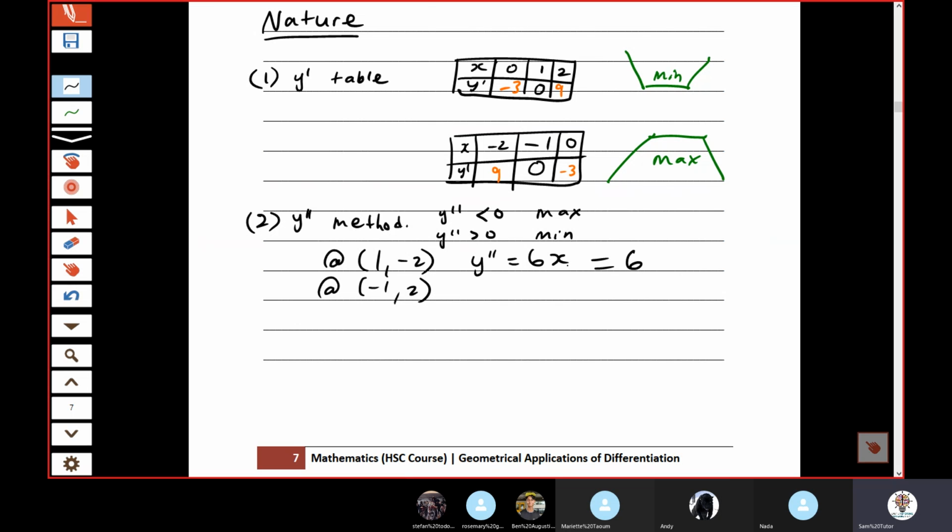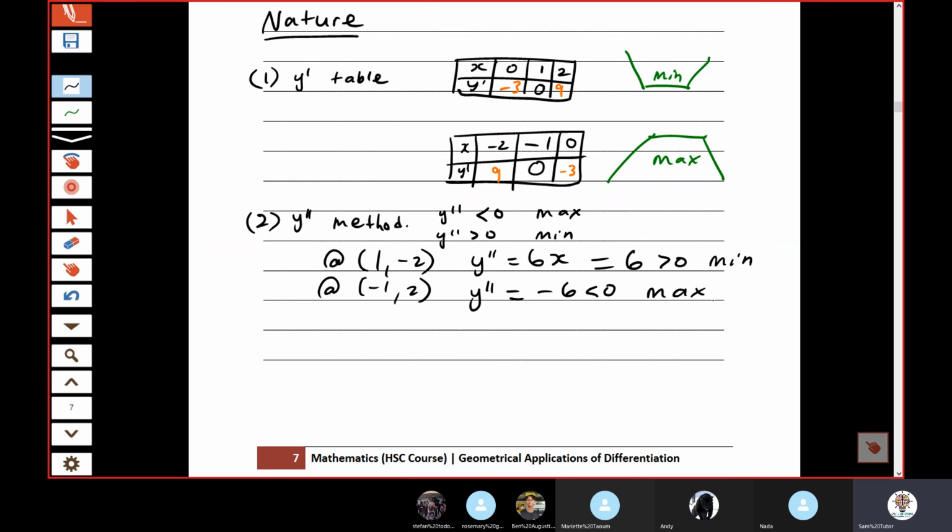That makes sense? You sure? Greater than 0, therefore it's a min, which is exactly what we got up here, without substituting and stuff. So I think you guys know which one I use. -6, less than 0, max.